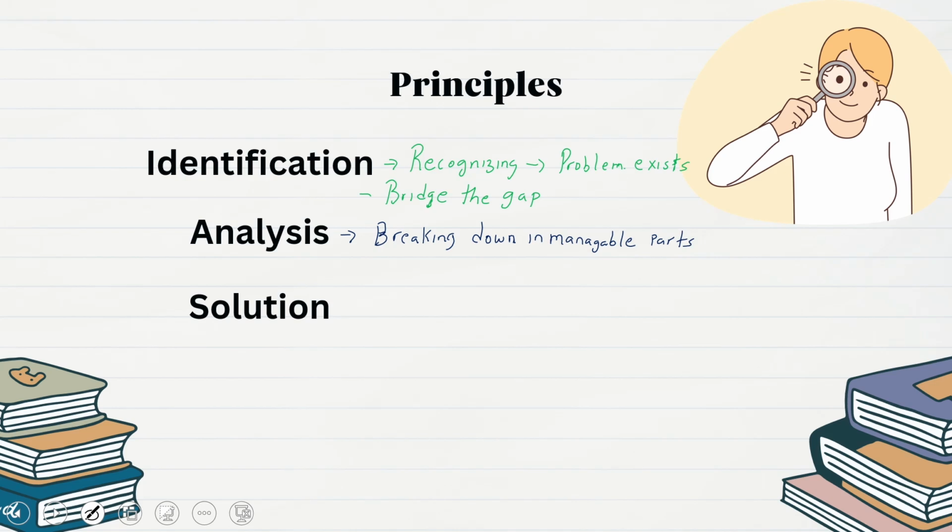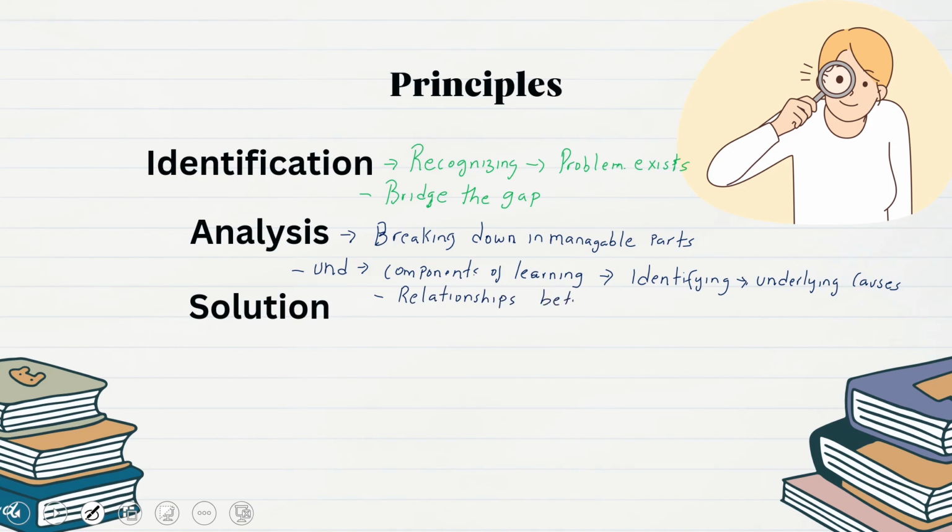So this basically involves understanding the components of the problem and identifying any underlying causes. And at the same time also considering the relationships between different elements.